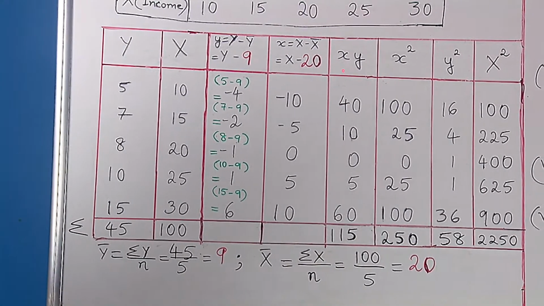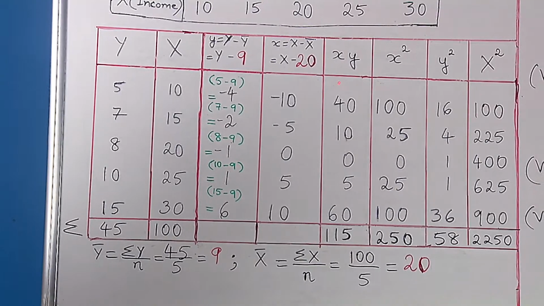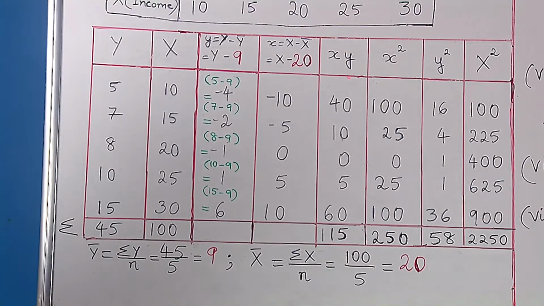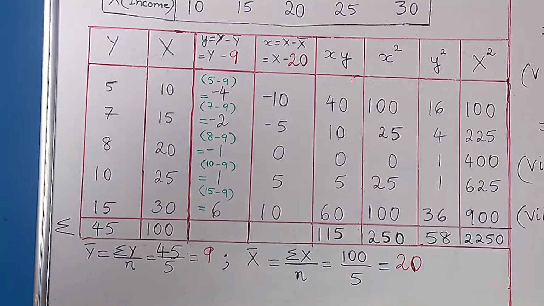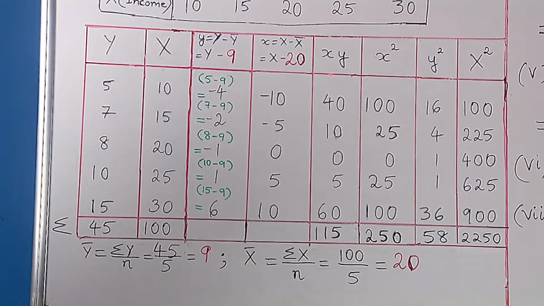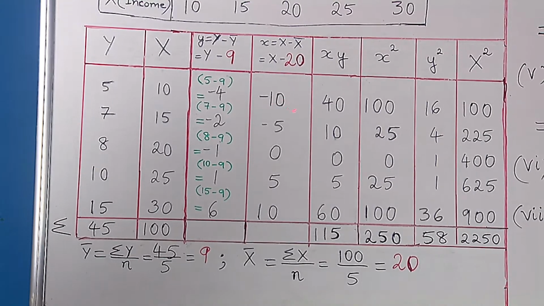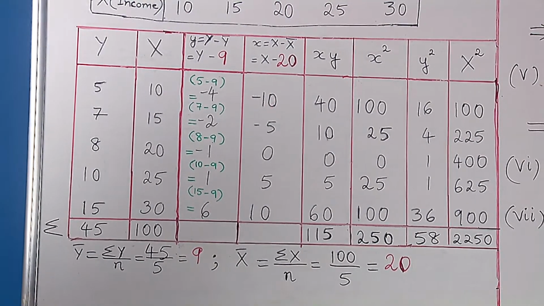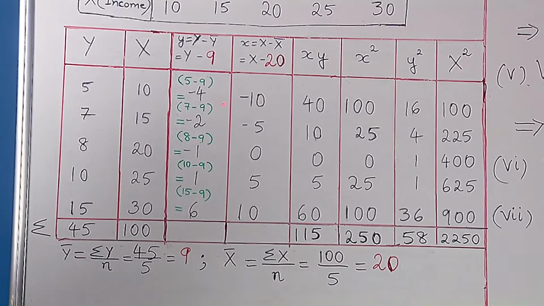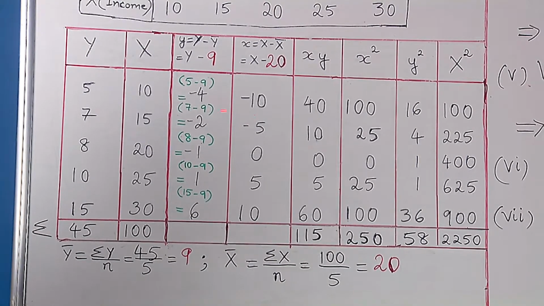We have to compute xy next, since in order to calculate the other estimators we need the other elements. How to compute xy is nothing but simple multiplication of the x deviation value and the y deviation value. If we take the first data set, it is minus 10 into minus 4, which gives you 40. Similarly, we go on multiplying the other corresponding elements of x and y.